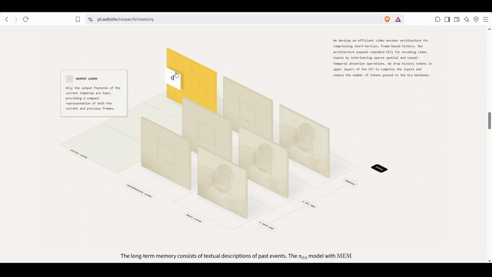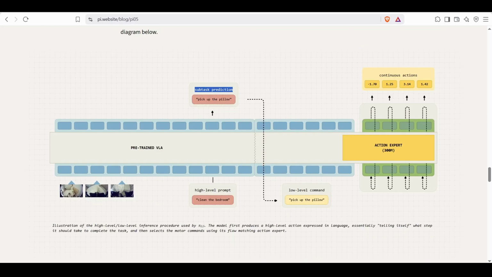So it compresses it all into one frame, and this frame is what gets processed into tokens, and then those tokens get combined with the language to give the sort of prompt that goes in to generate the actions from. So everything there is all to help generate the actions.